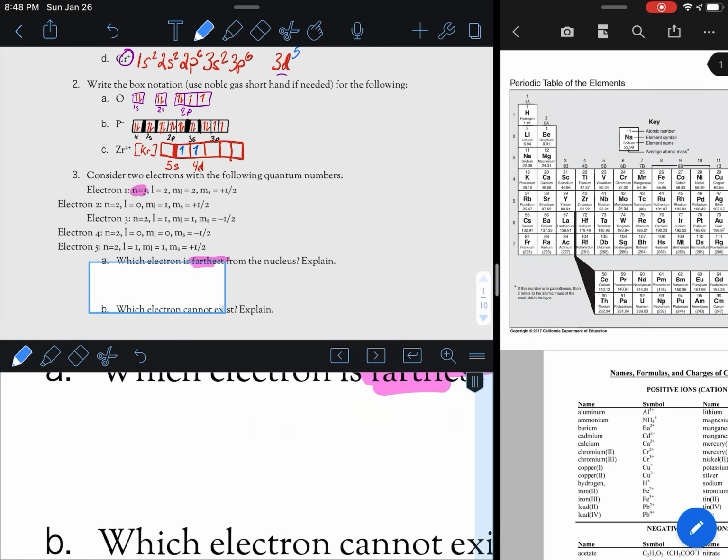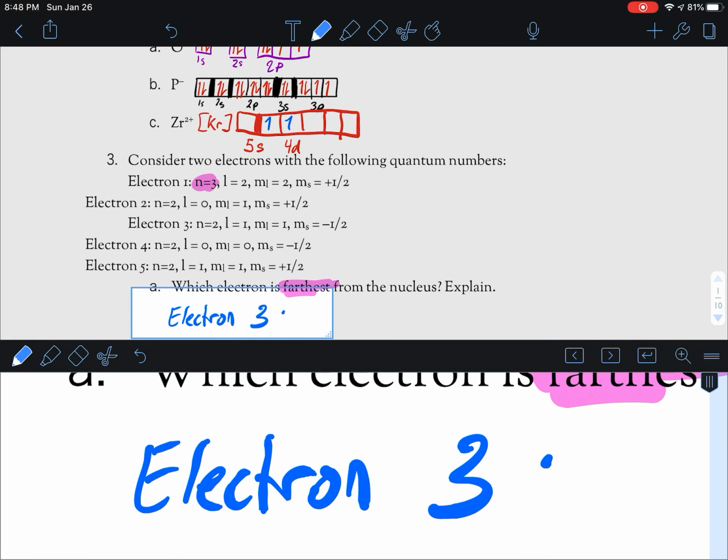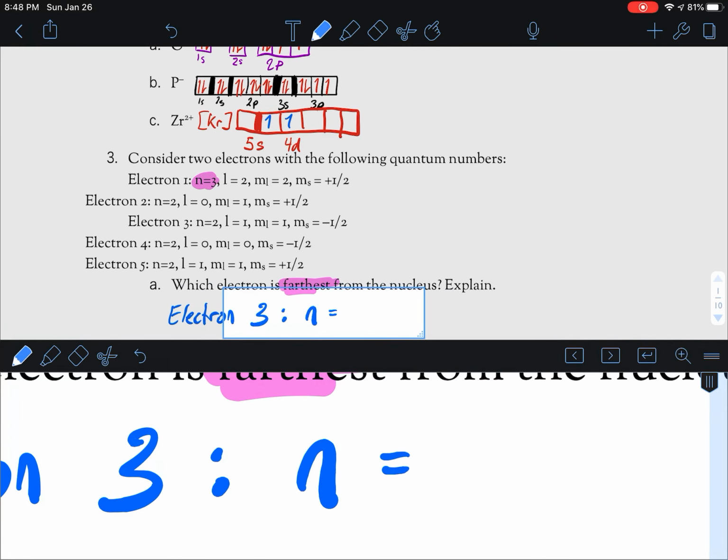So that's the only electron that has n value of 3.